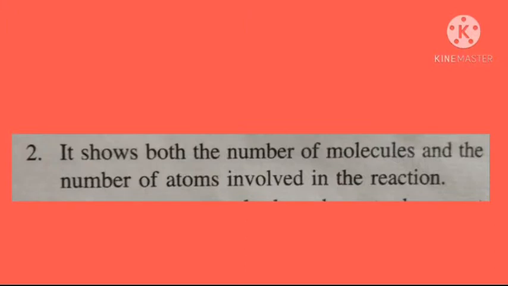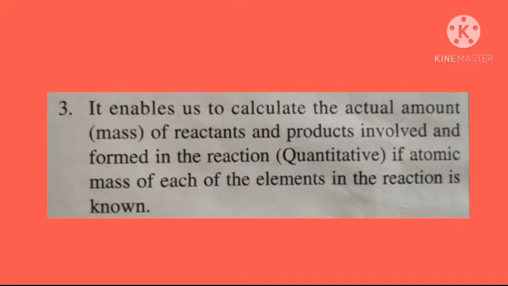Second significance: it shows both the number of molecules and the number of atoms involved in the reaction. The third significance: it enables us to calculate the actual amount, that is the mass of reactants and the mass of products involved and formed in the reaction.